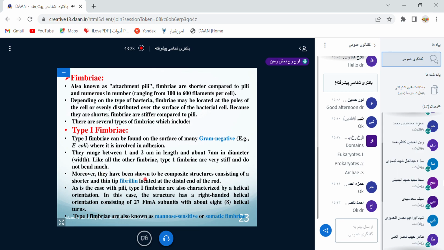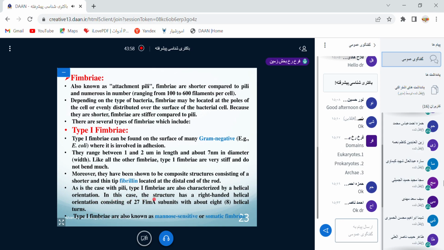Moreover, they have been shown to be composite structures consisting of a shorter and thin tip fibrillum located at the distal end of the rod. As is the case with pili, type 1 fimbria are also characterized by helical orientation.